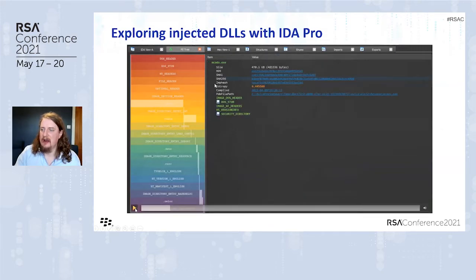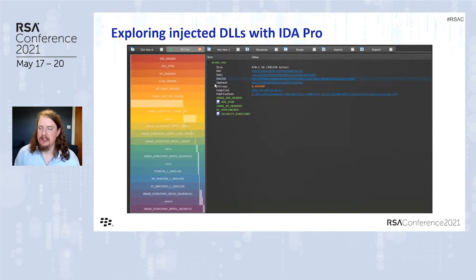That DLL would then load up some shellcode. That shellcode would unpack some more shellcode into memory. That shellcode would then unpack a DLL into memory. It would load it itself so that the DLL is not loaded via the normal Windows loader mechanisms. And then finally, that DLL would be used to perform C2 communications after unpacking a final stage.